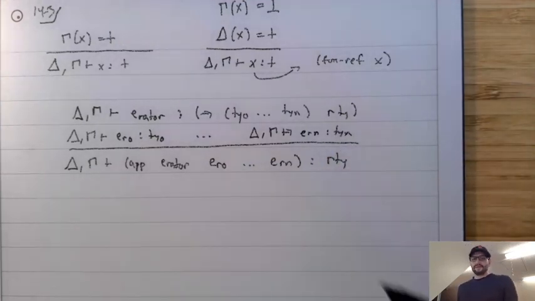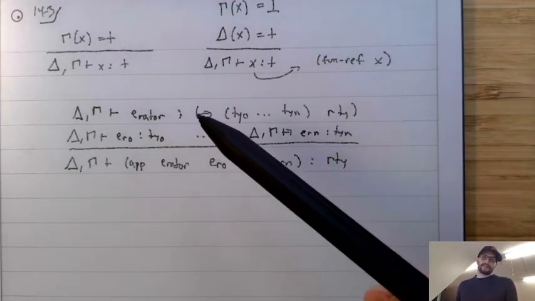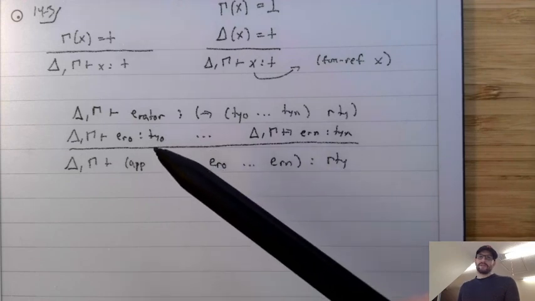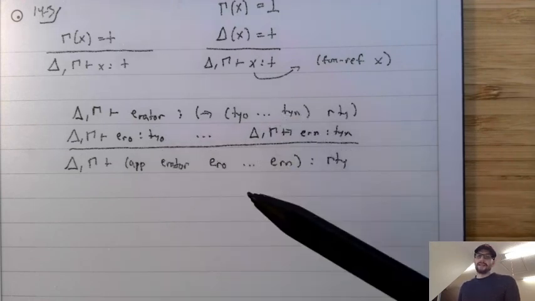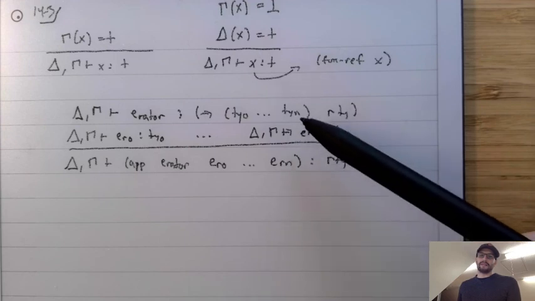So essentially what we do is we check to make sure the operator is a function and that each one of the arguments has the corresponding type and that the number n matches the number of types here.